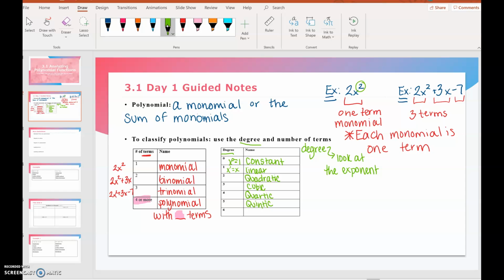And just like if we had 4 or more terms, for 6 or more degrees you'll say polynomial of a blank degree.